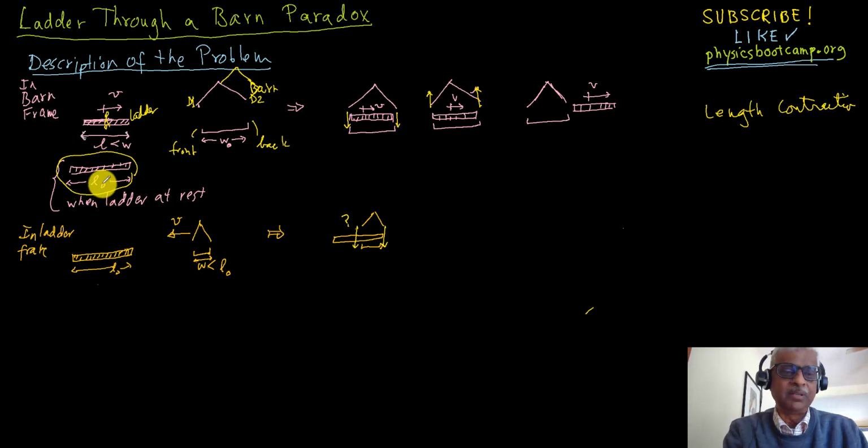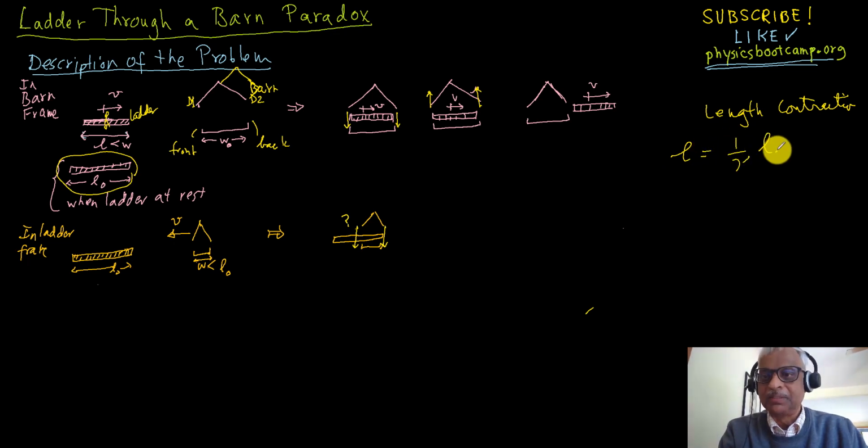If the ladder's length is L0, moving at v, then in terms of the barn, the length of the ladder, L, will be 1 over gamma times L0, and gamma is 1 over the square root of 1 minus v squared over c squared.